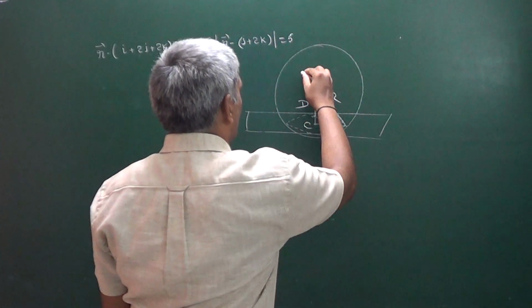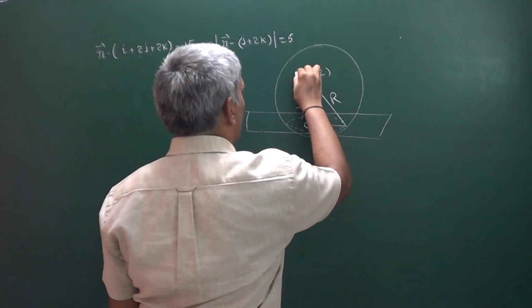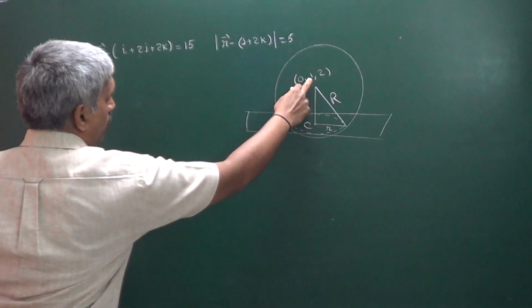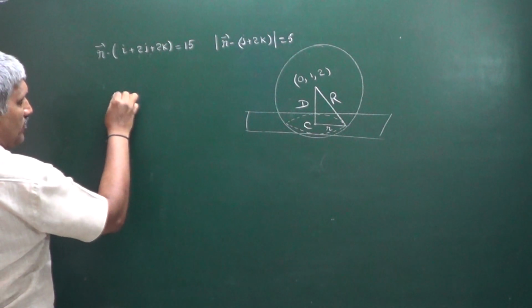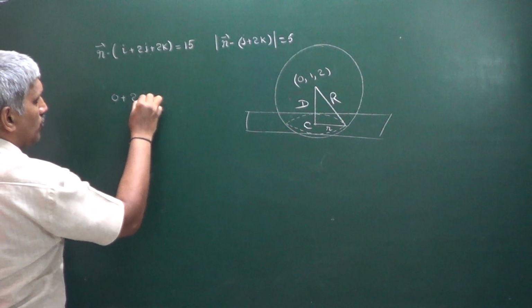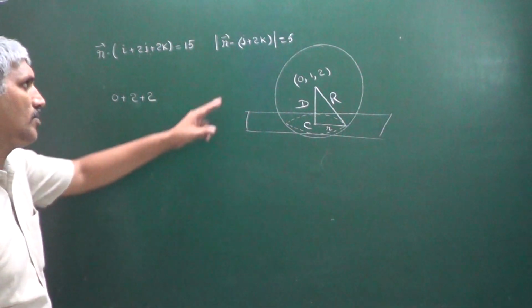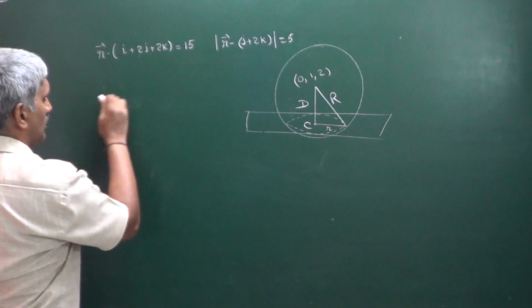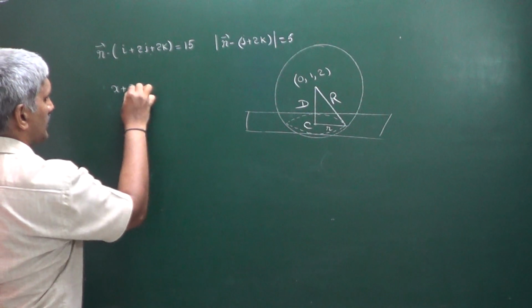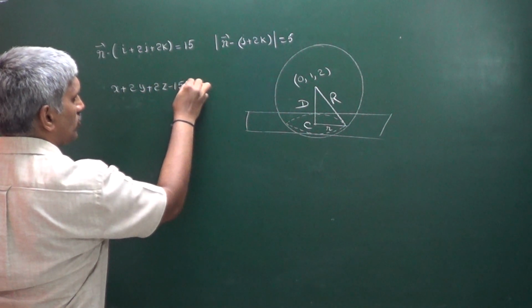So the center of the sphere is (0, 1, 2). From (0, 1, 2) onto this plane, the perpendicular distance is given by 0 plus 2 plus 2. Yes or no? Observe here, the plane equation is x plus 2y plus 2z minus 15 is equal to 0.